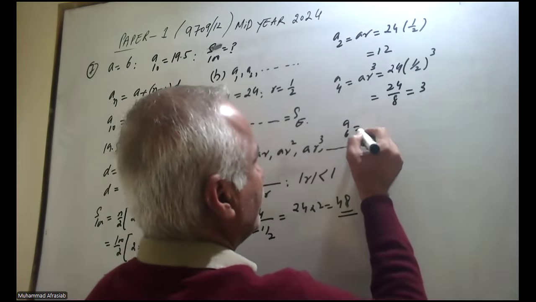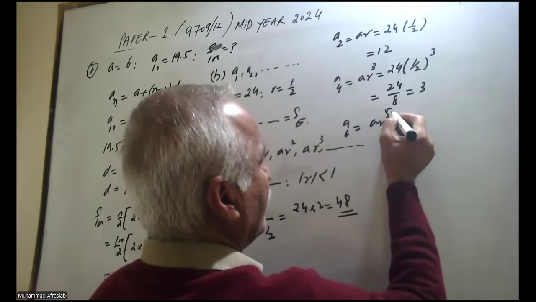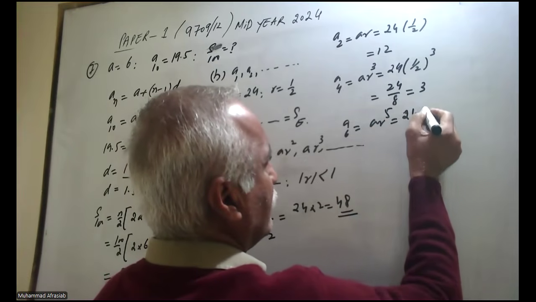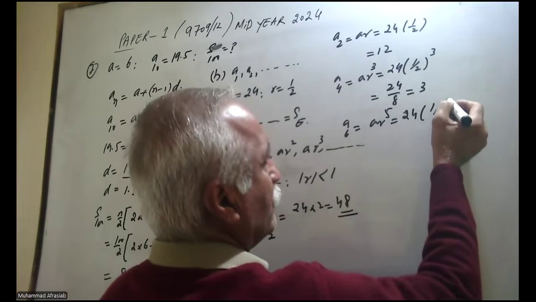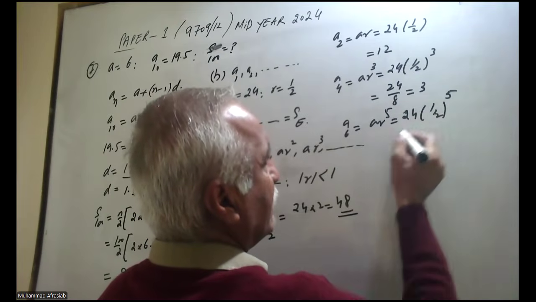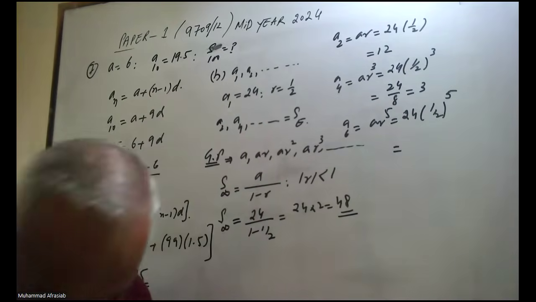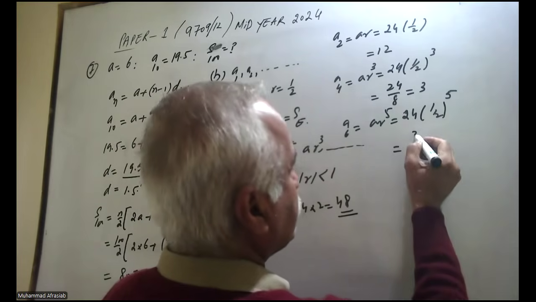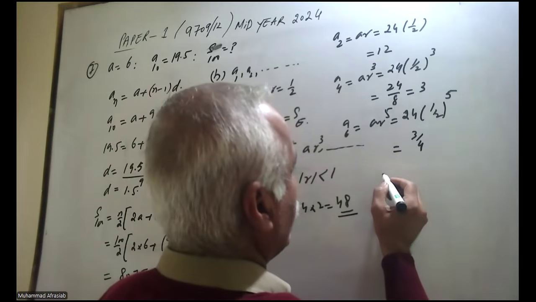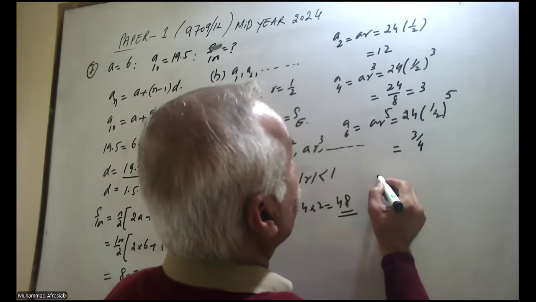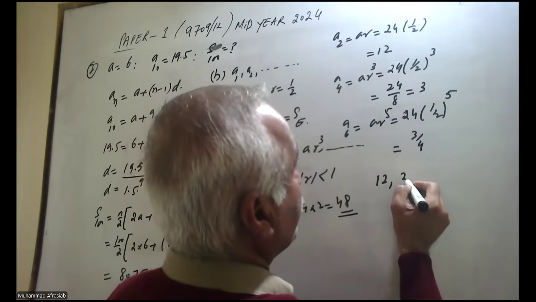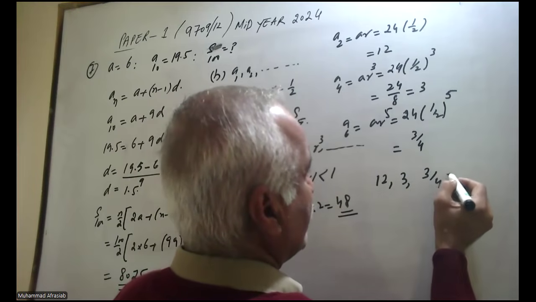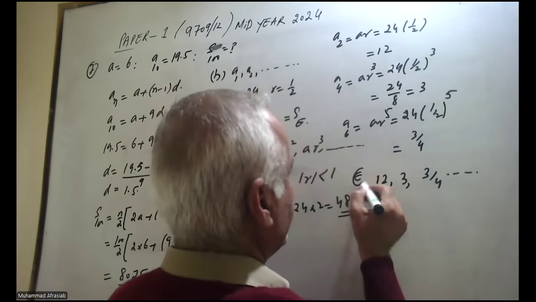Then a6 is equal to ar to the power 5, which is 24 into 1 over 2 to the power 5, and that value is equal to 3 by 4. So now we have 12, 3, 3 by 4 for the even terms.